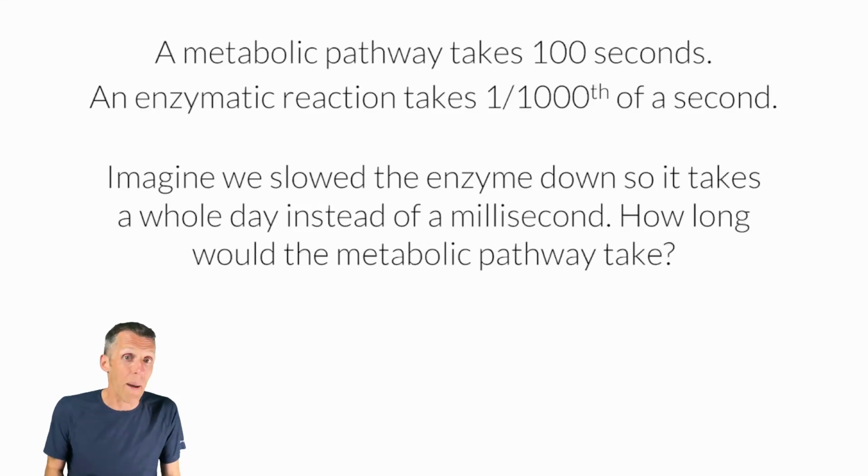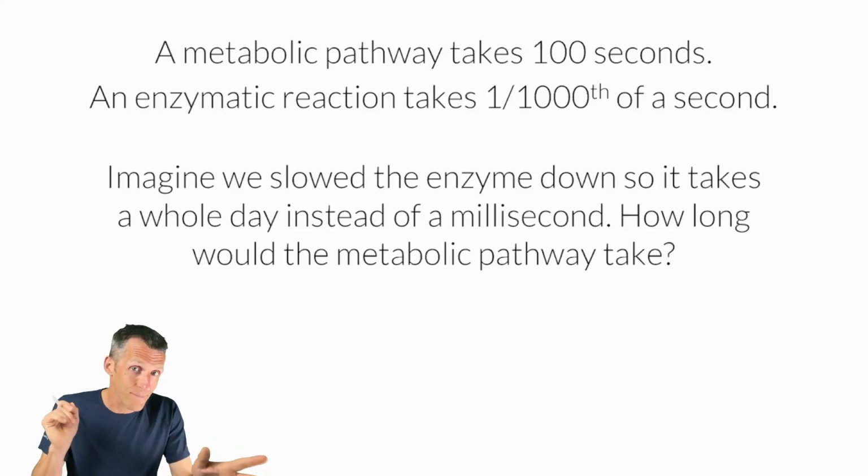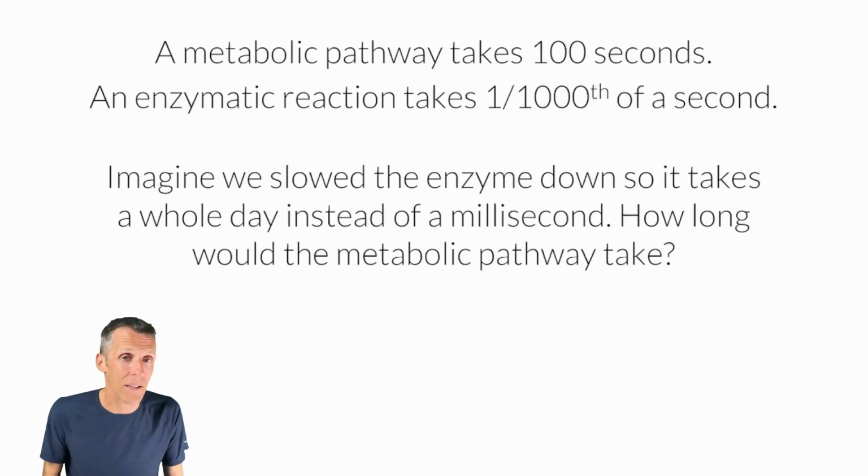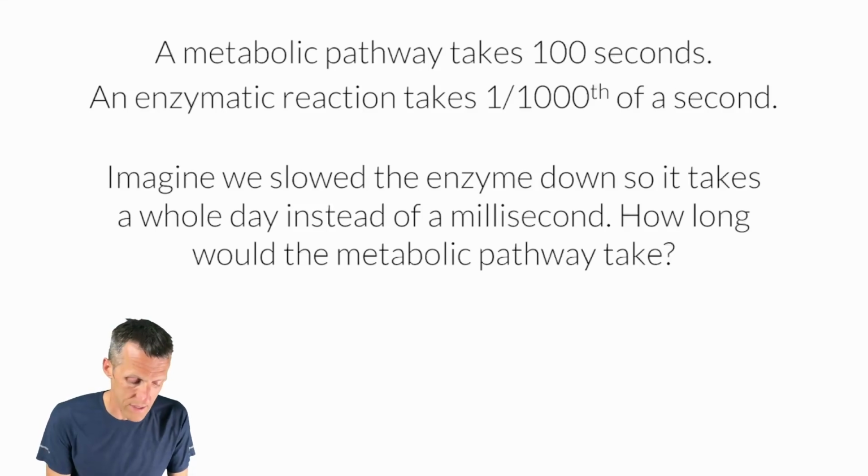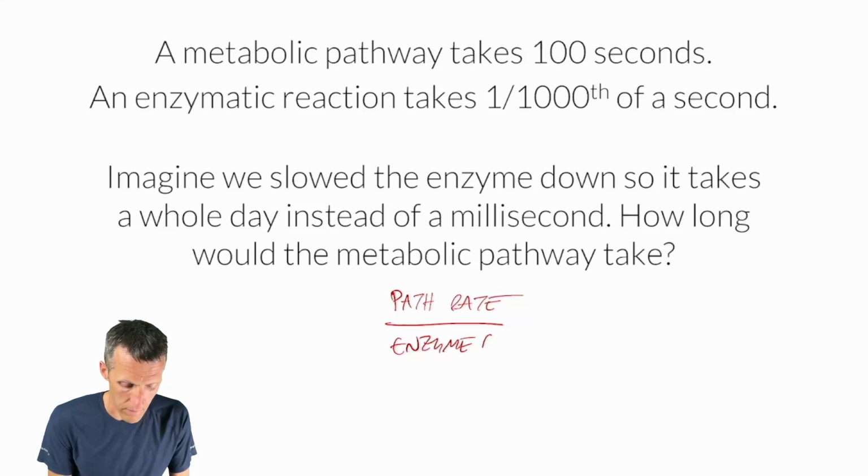So I'm going to imagine for a moment you pause and you think about that. So we're pausing. I'm back. Let's think about it. The way I would do this is I would do this as a ratio. I would say the path rate over the enzyme rate. And so that is going to be 100 over 1 over 1,000, that ratio.